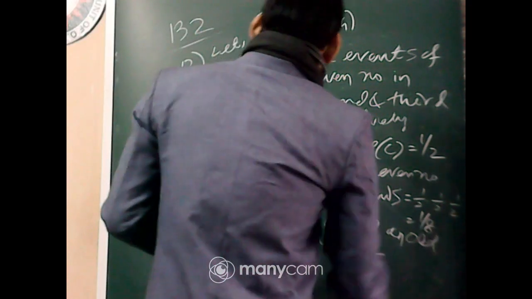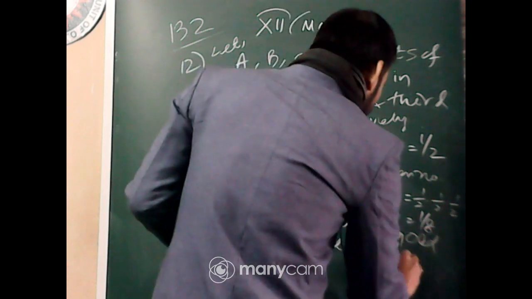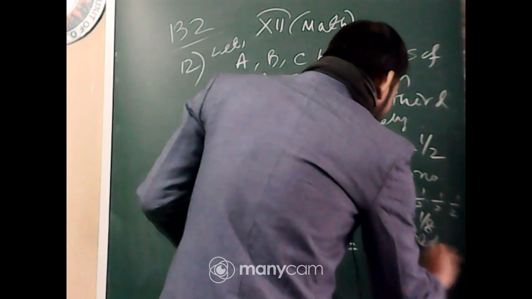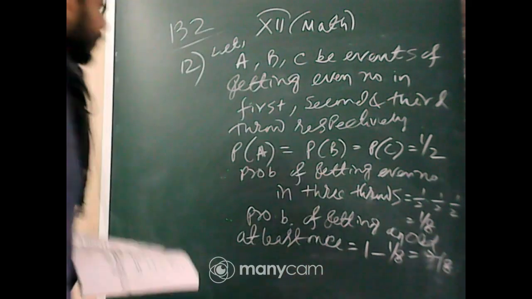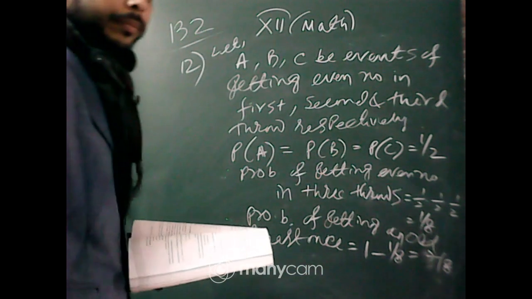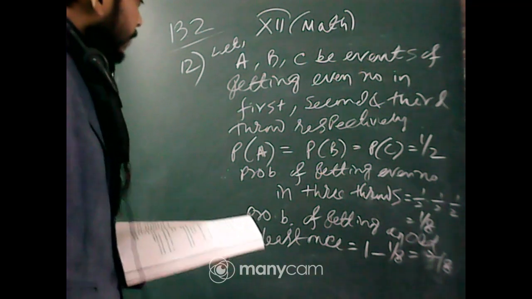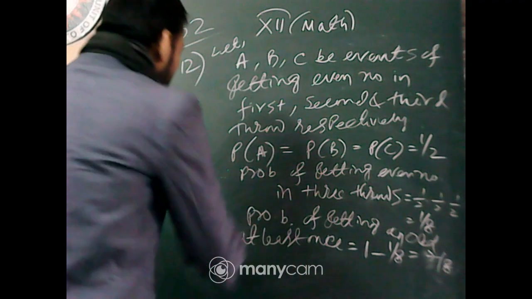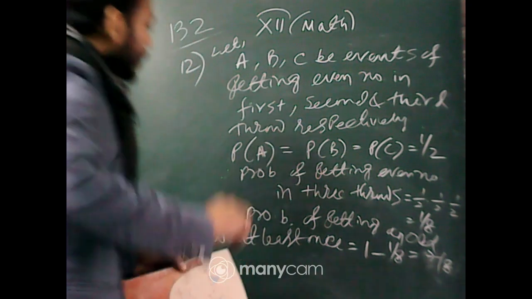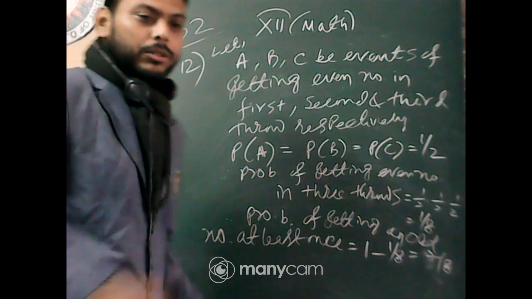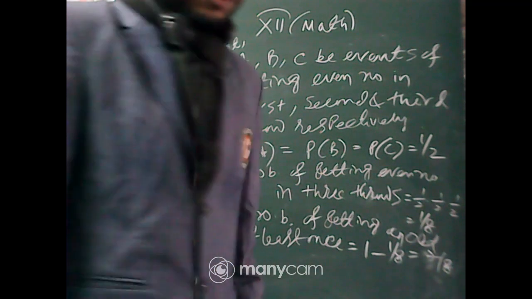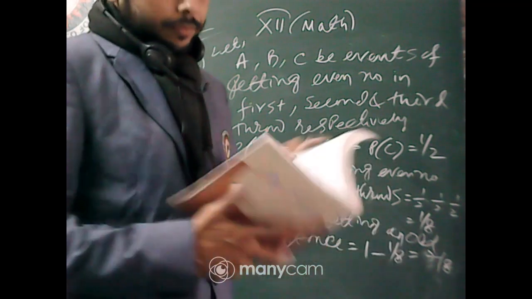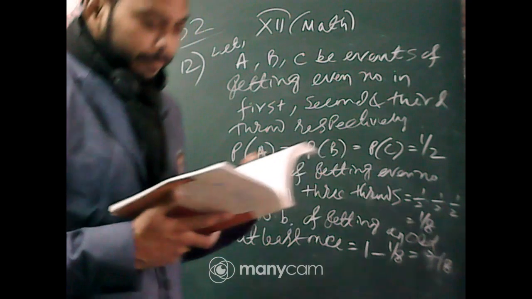That means 1 minus 1 by 8, that is 7 by 8. Isn't it? Have you got it? Probability of getting an odd number at least once means 1 minus probability of getting even number in 3 throws. So 1 minus 1 by 8 will be 7 by 8. Have you got it? Question number 12.